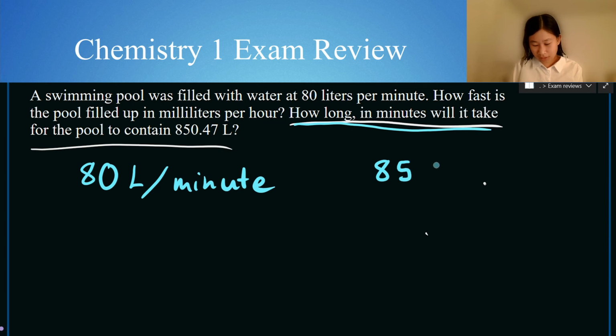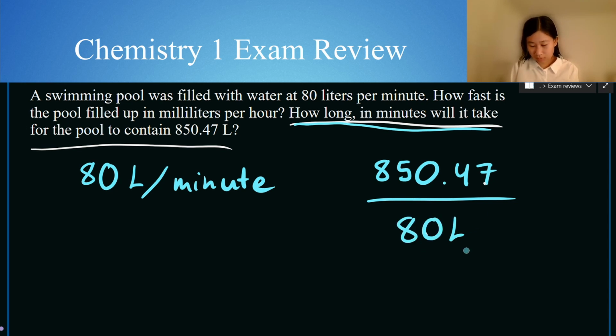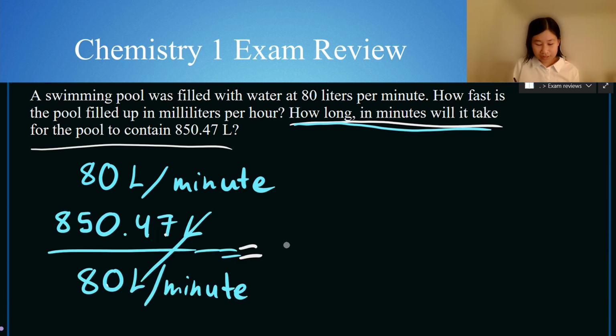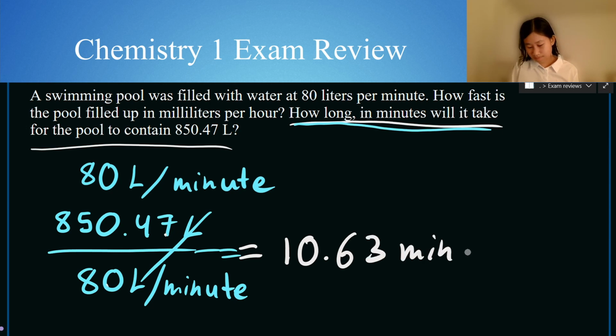If we have this many liters that we want, we're just going to divide this by 80 liters per minute. And we'll just keep in mind that this is in liters, right? Liters are going to cancel out, and we're going to get our number of minutes. All right, and so we get this answer of 10.63 minutes in order to fill up this pool with this much water.